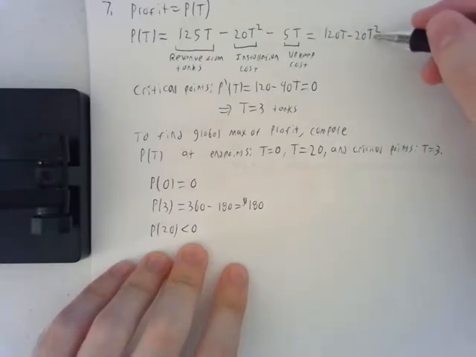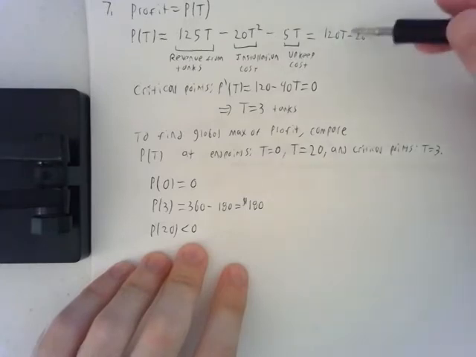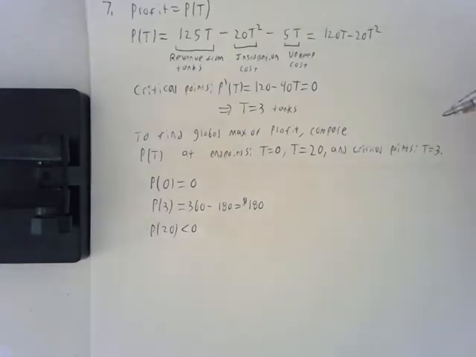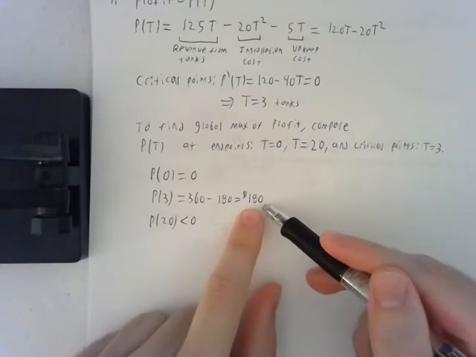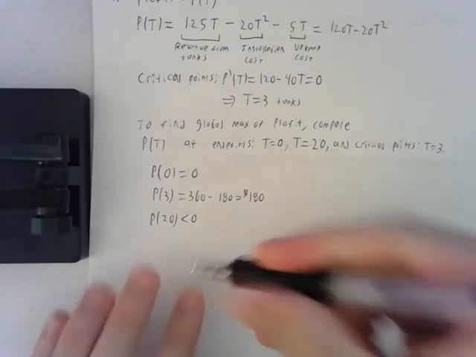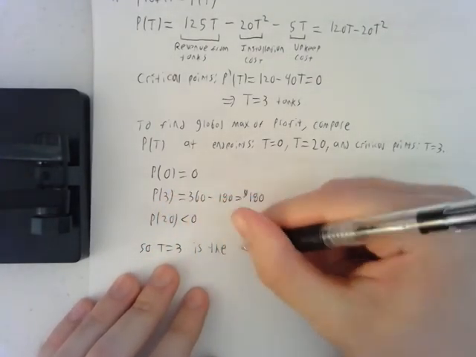Because 20 squared is 400, so it's 20 times 400, and that's with a negative sign, plus 120 times 20. So overall, I guess you have negative 280 times 20, whatever that happens to be, but it's a negative number, so we're losing money, so who cares how much money we're losing? We clearly want to go with T equals 3, because that's the only one that actually makes us a positive amount of money. So T equals 3 is the global max.